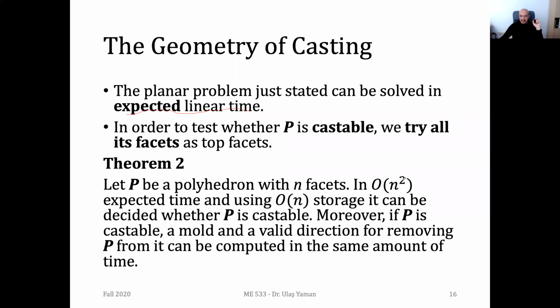But in summary, in the brute force approach, you can do it in quadratic time. But we'll try to find some methods which will be computing this problem in expected linear time.